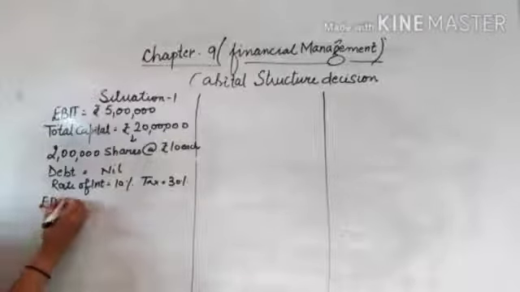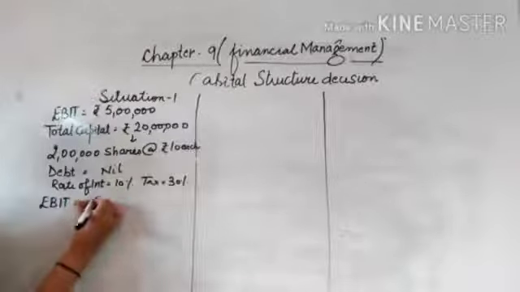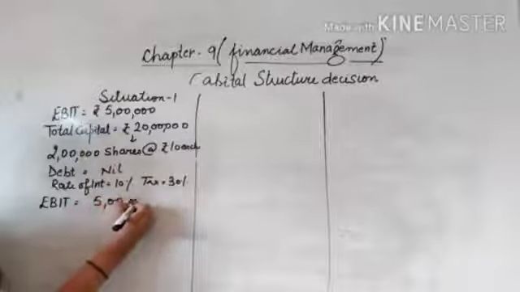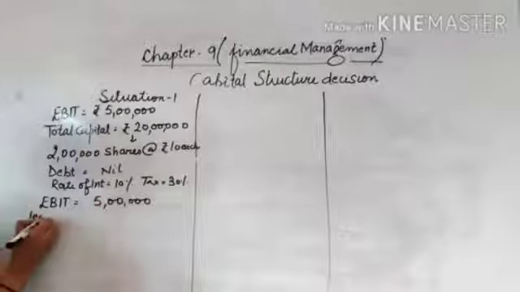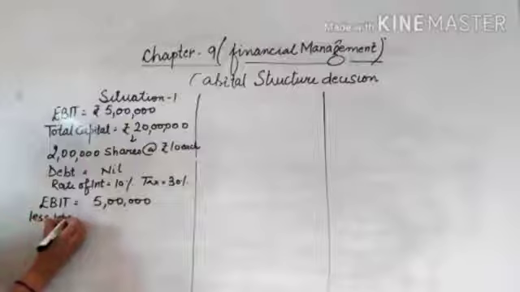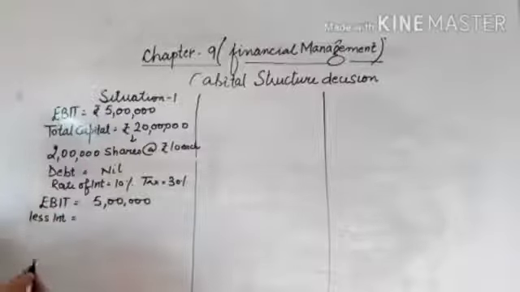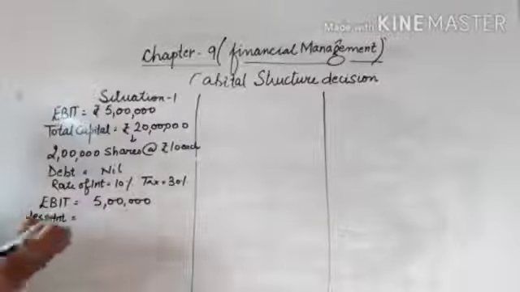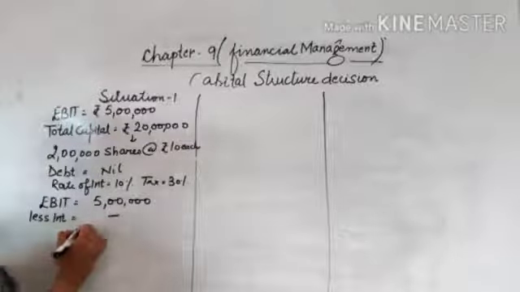Now, first, how to calculate? EBIT is 5 lakh, less interest. Interest is calculated on debentures and there is no debentures, so interest is nil.